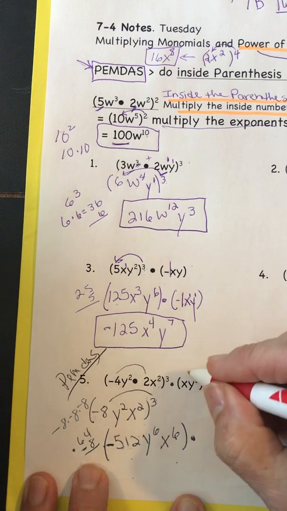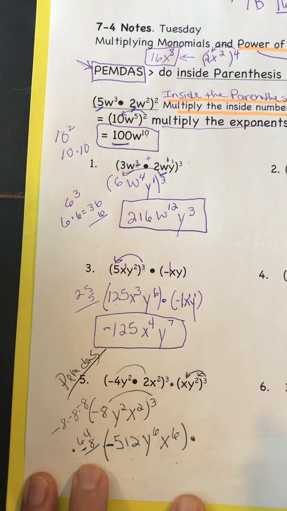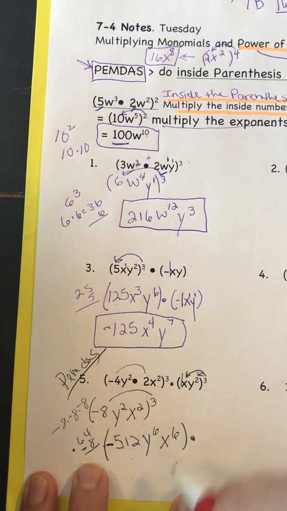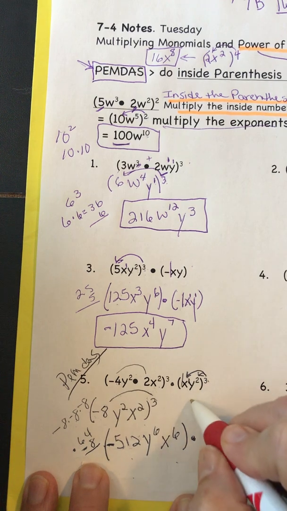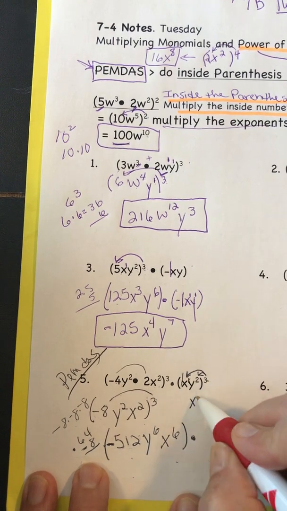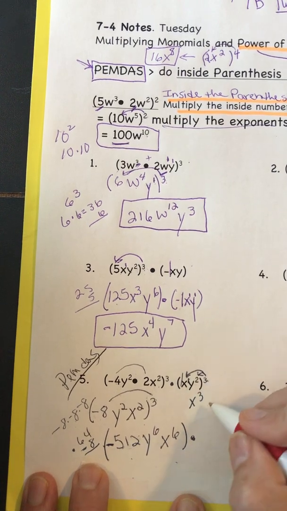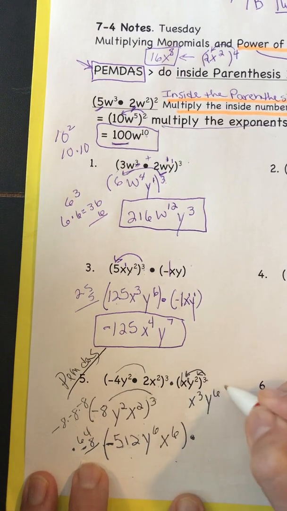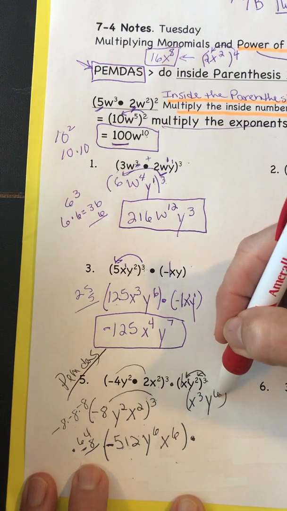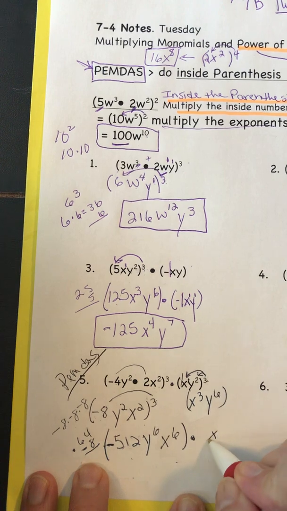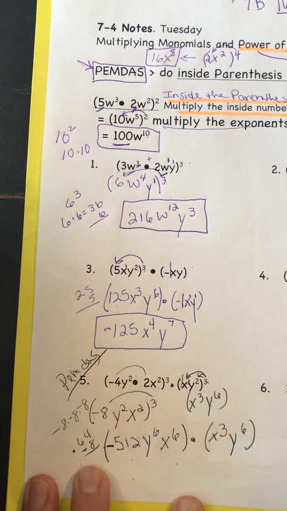Since this is a 1, I don't have to worry about it. x to the 1 times 3 gives me x to the third, and y squared, 2 times 3, gives me y to the 6th. So I just took care of my power of powers. Now it's just a straight multiplication problem, and I'm going to bring that down. So you can see they can have multiple steps.